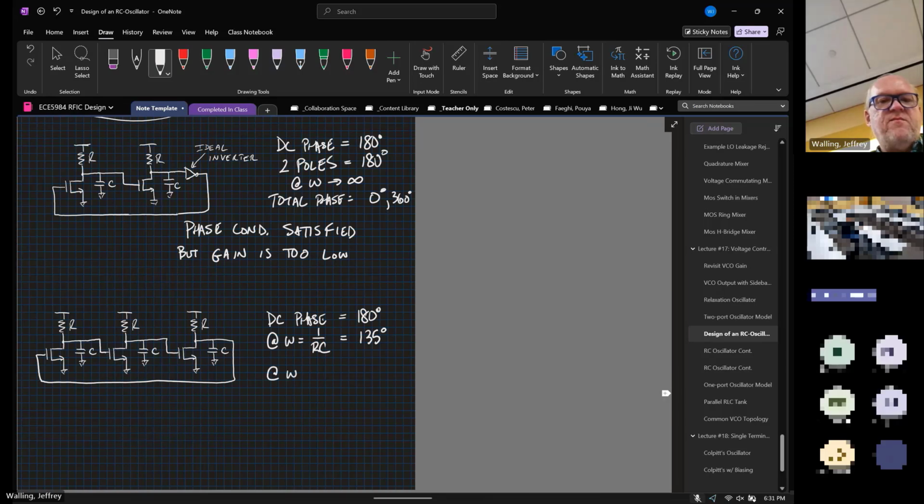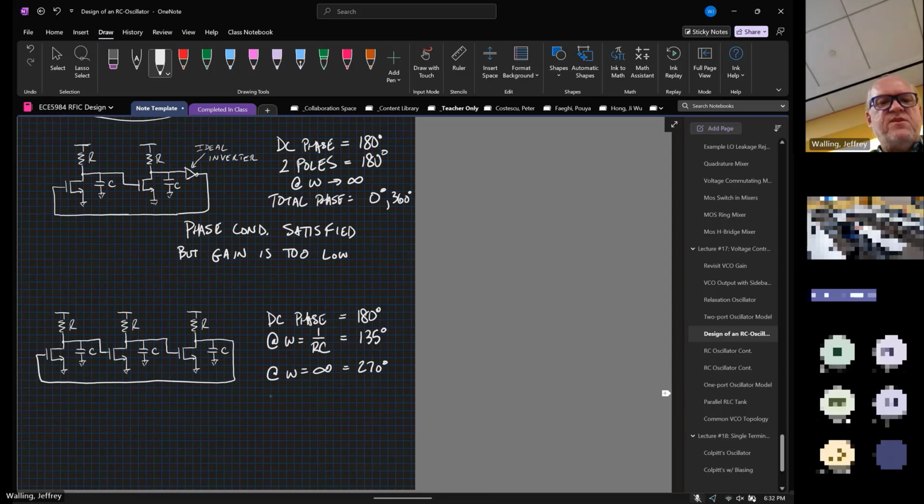At omega equal to infinity, the phase shift is equal to 270 degrees. So we get 45 degrees at the pole times 3 is 135, or 90 degrees at infinite frequency, which would be 270 for 3 of those.